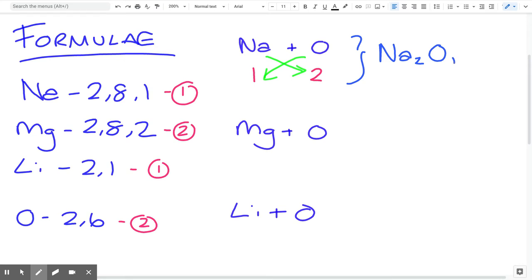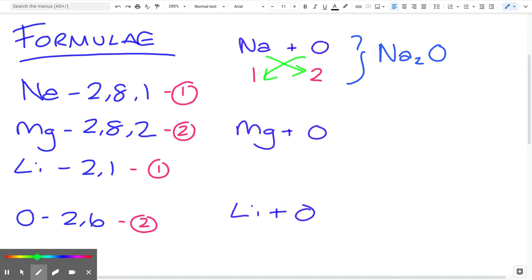So for sodium oxide, sodium would pick up the number 2 from oxygen, and oxygen would pick up the number 1 from sodium. The resultant formula of sodium oxide would be Na2O1, meaning 2 sodiums for every 1 oxygen. Now, when we have formulae, we don't tend to write the ones. We assume a 1 if we can't see a number, and so the formula would just be written as Na2O.